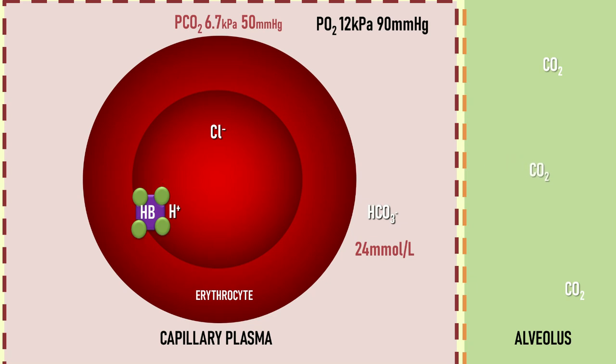The released hydrogen ions combine with bicarbonate to form carbonic acid, catalyzed to CO2 and water by carbonic anhydrase. The CO2 diffuses out of the red blood cells into plasma and then into the alveoli for exhalation. The Bohr effect reverses due to rising pH and decreasing CO2, which increases hemoglobin's affinity for oxygen further and stabilizes oxygen binding.